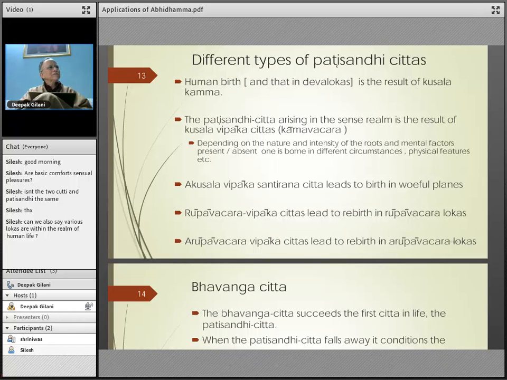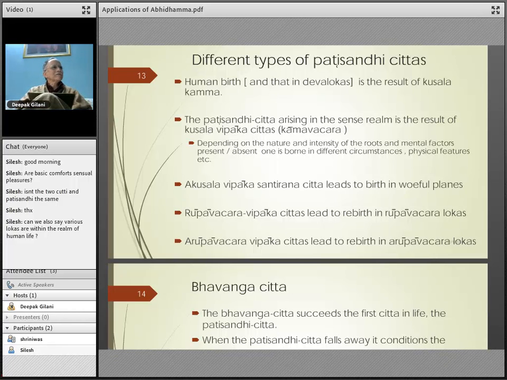Sometimes unwholesome chittas arise and we feel the same pain as an animal would feel. Sometimes wholesome chittas arise, divine abodes, we practice Brahma Viharas, and then we experience the same feelings as devas would feel. But according to the Buddha, there are existing lokas of that kind.